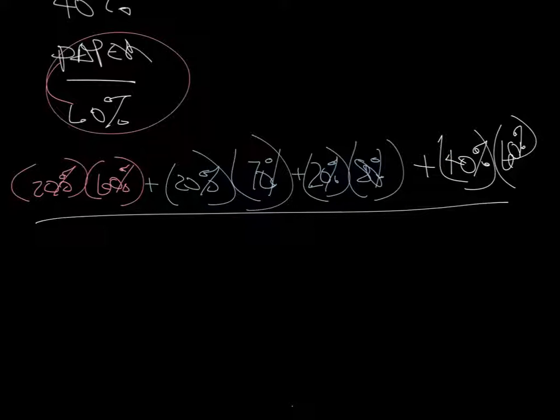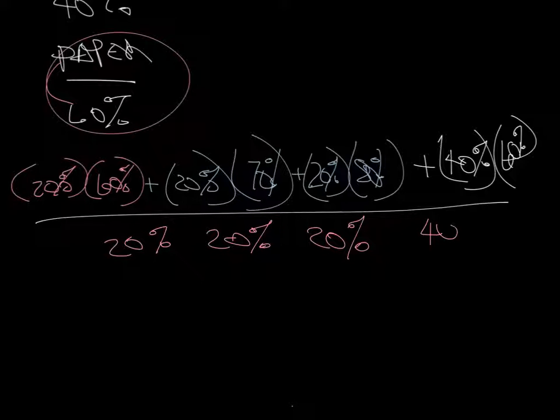Those added up. That's just the rule that we do: the value of each of the tests and the value of the paper. Okay, so there's my equation.